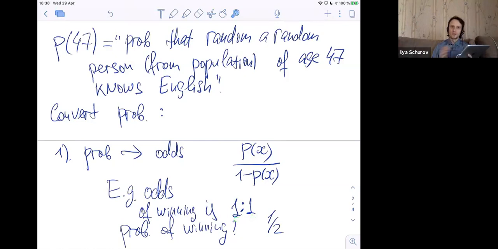So if I put this probability 1/2 into this formula, I will get 1. A probability 1/2 is converted to value 1 by this formula.